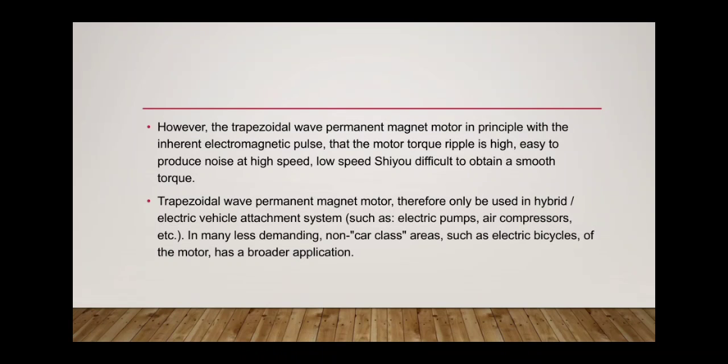And the trapezoidal wave permanent magnet motor can therefore only be used in hybrid electrical vehicle attachment systems due to high noise and low speed, and it is used in electrical vehicle attachments such as electric pumps, air compressors, in many less demanding non-car class areas such as electric bicycles, and the motor has a broader application.